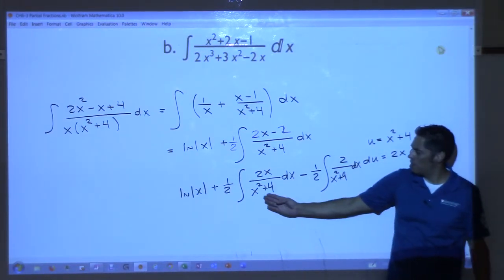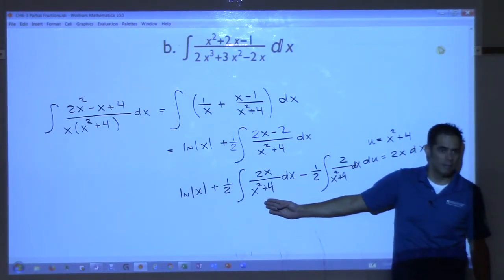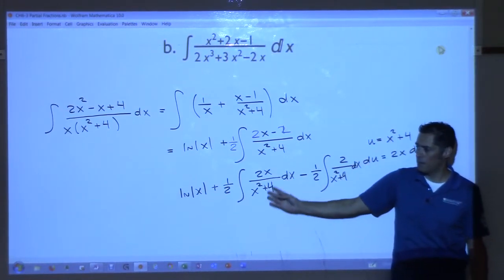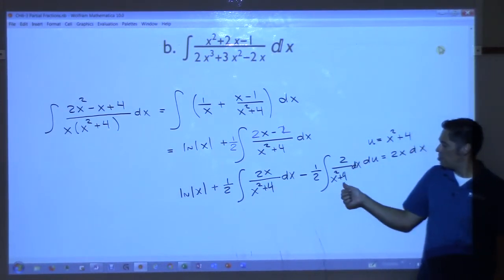So this one, how would we integrate this one now? This is just basic u sub, right? That's the u, du, it's all right here. How do you do this one?